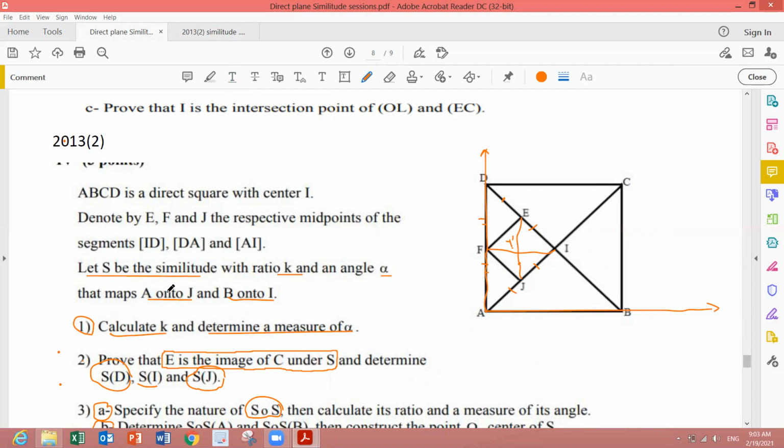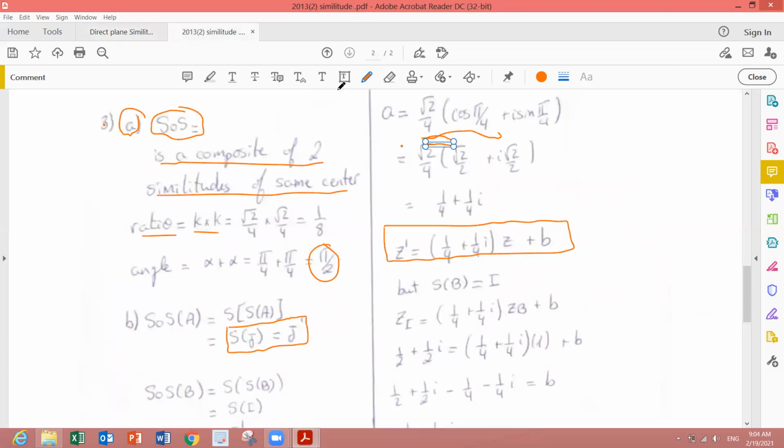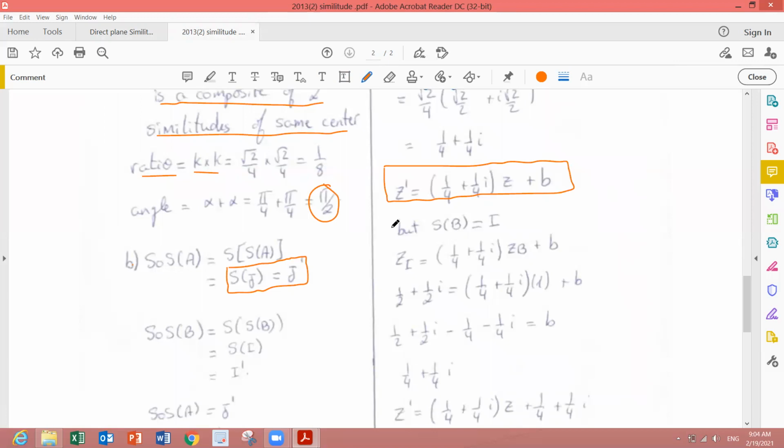Or you can use A onto J, where J is 1 over 4, 1 over 4. Any one of these points. So here S of B equals I.